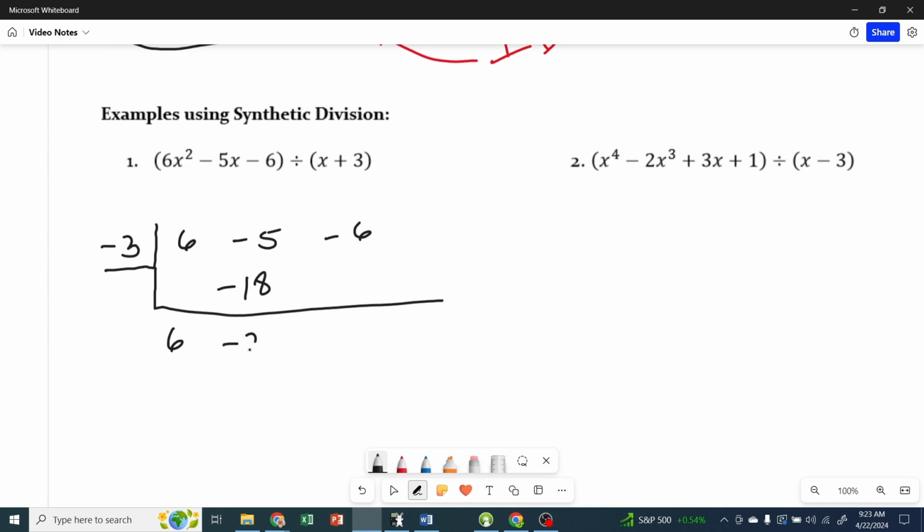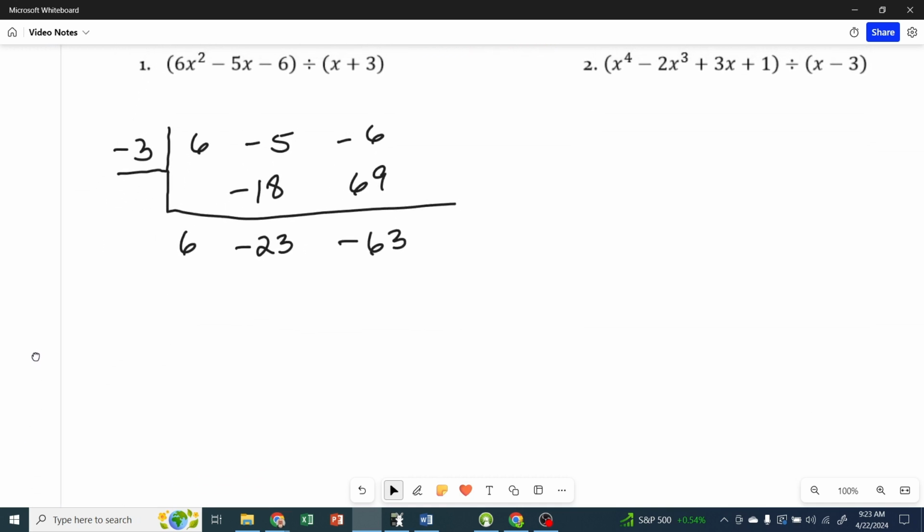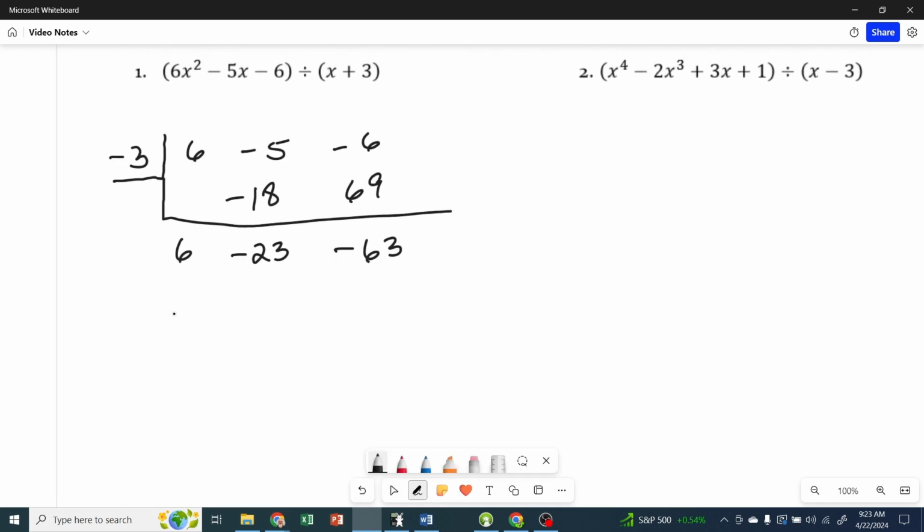So this is -23. -3 times -23 is +69. So this would be 63. So our final answer should be 6x minus 5. Oh, excuse me, not minus 5. What am I looking at? 6x minus 23 plus 63 over x plus 3.